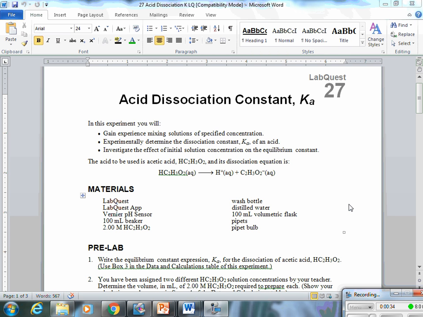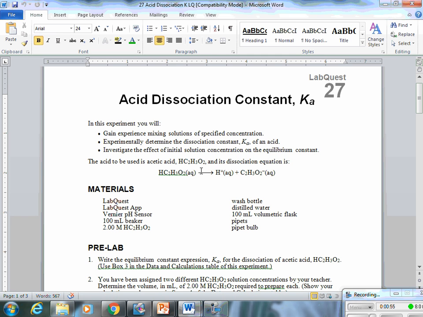You're going to experimentally determine the dissociation constant, the Ka, of an acid, and you are going to investigate the effect of initial solution concentration on the equilibrium constant.